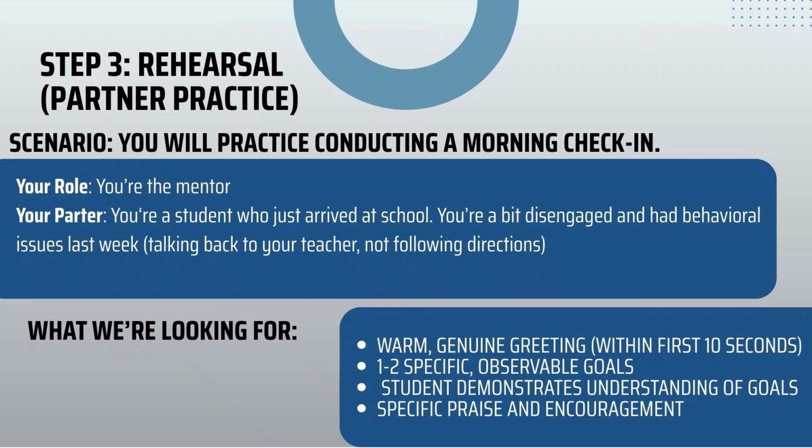You're going to address those 1 to 2 specific observable goals. For instance, up here it shows the disengagement and the behavior issues. You're going to want to make sure the student demonstrates understanding of the goals. You are going to provide specific praise and encourage them for the rest of the day.